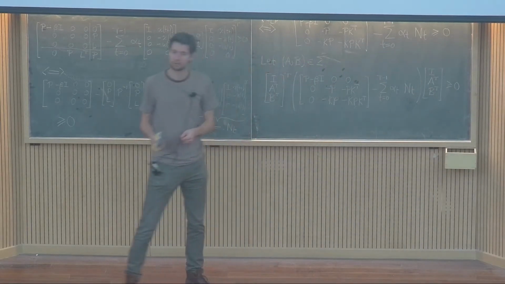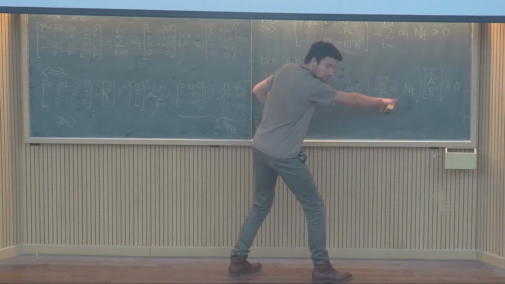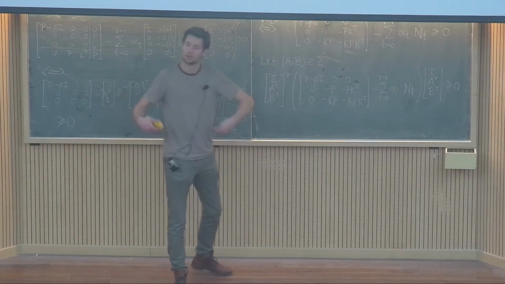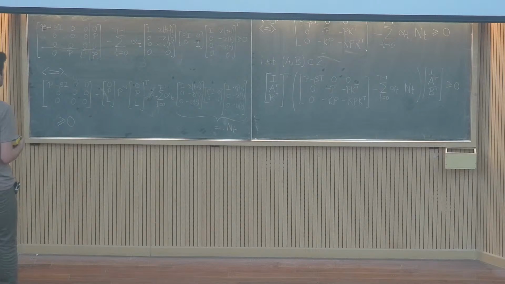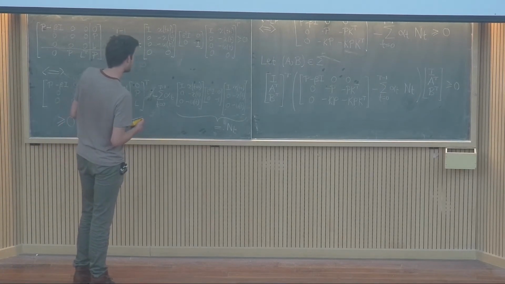And this is still positive semi-definite because if you multiply a positive semi-definite matrix from right by a matrix, and from left by its transpose, you preserve positive semi-definiteness. Okay. Very good.